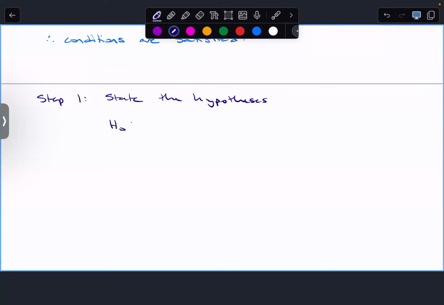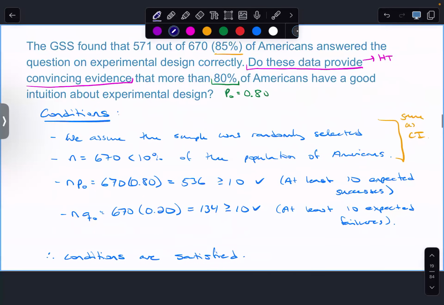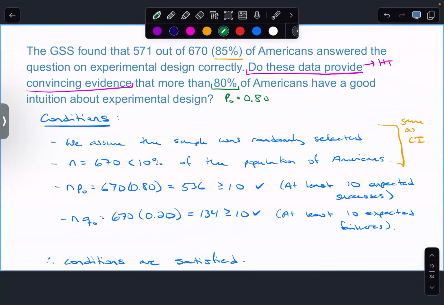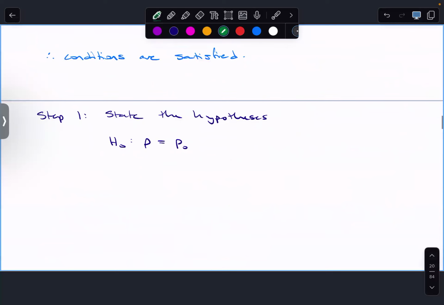Your null hypothesis from your formula sheet is that p is equal to p naught. But what we have is p naught equal to 0.8. So I'm going to replace this with 0.80.